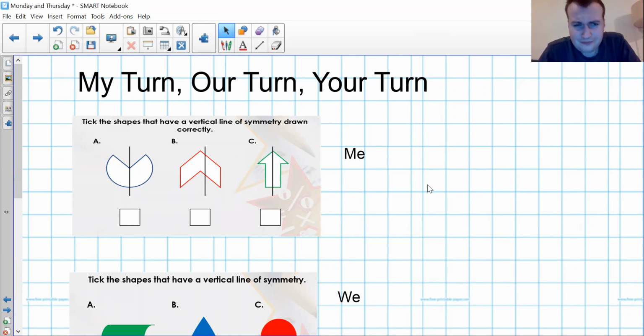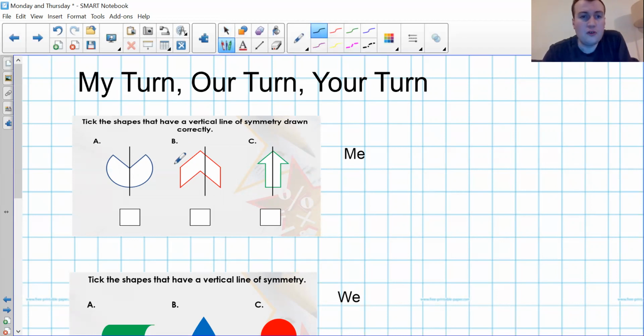Right, so three shapes, all with lines in them. Which ones are symmetry? So which ones have identical shapes either side? Okay, so I can look at the line. Yes, it's vertical because it's going up and down. And then either side, I've got the same shape.